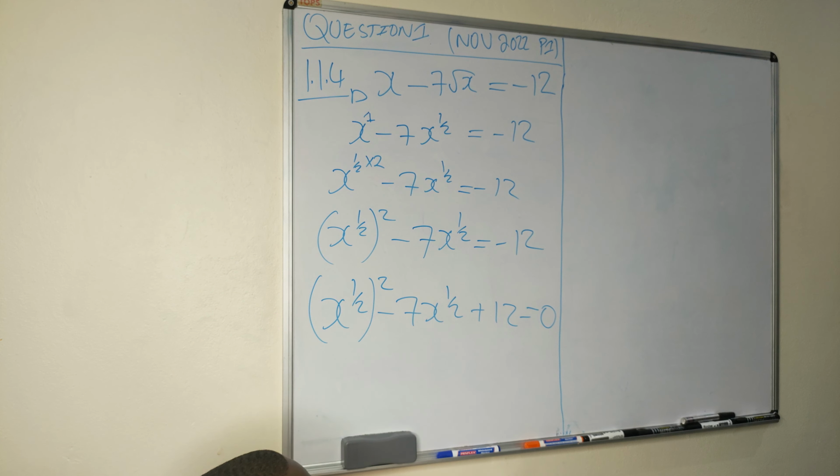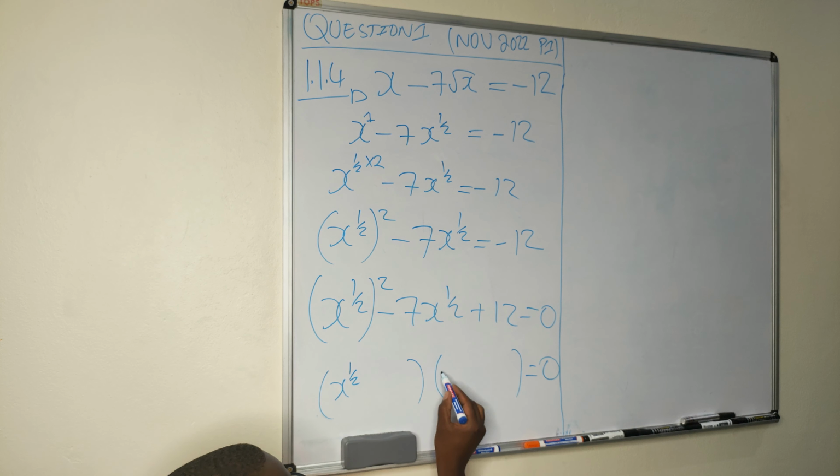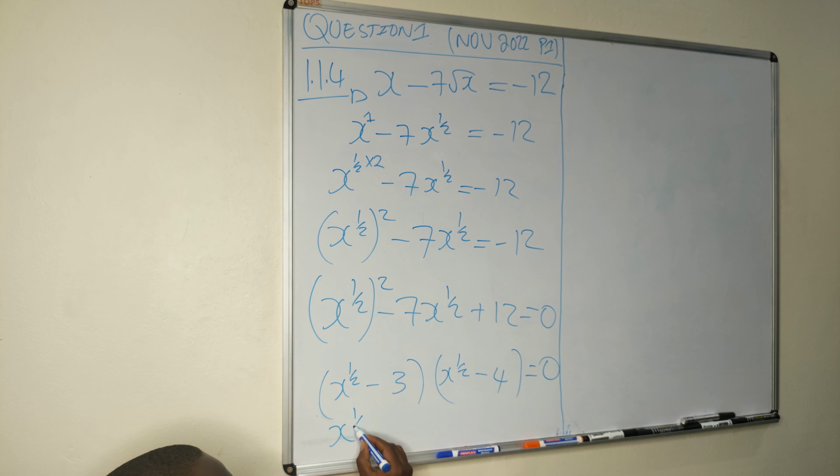So what we have now, you can factorize this or use your quadratic equation to solve x raised 1 over 2. I'll factorize it and say, okay, here I have x raised 1 over 2 and x raised 1 over 2. This is minus 3 and this is minus 4, right? That means, similar to what I said on the first question, you want to solve for x raised 1 over 2.